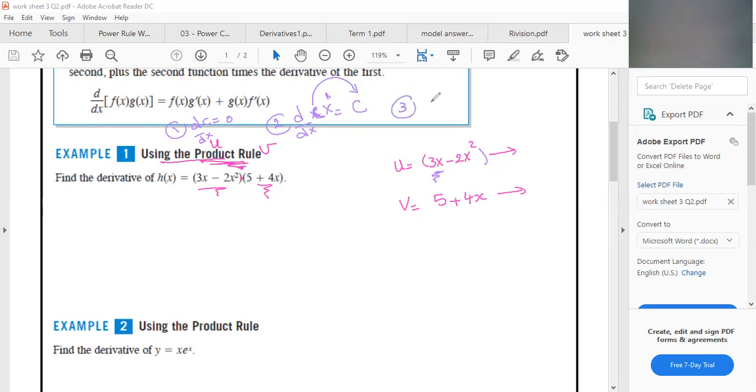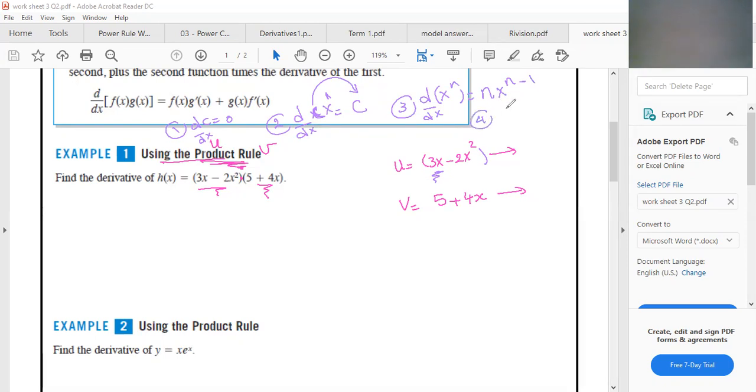Third rule, the derivative of x to the power n with respect to x is n times x to the power n minus 1, the exponent with the power decreased by 1. Without the rules, you never know how to solve.